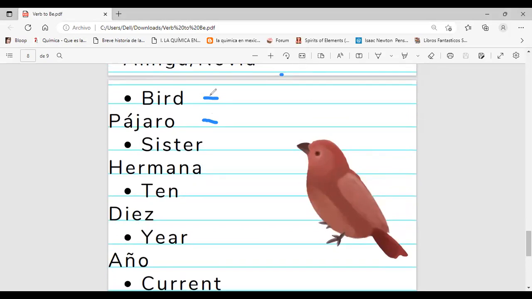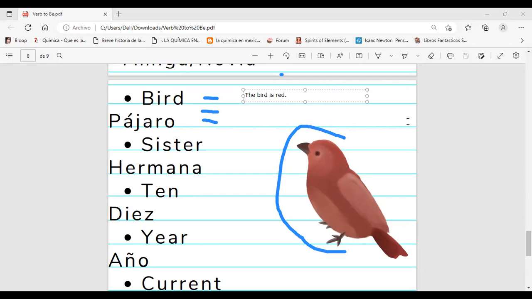Bird, word, meaning, pájaro, drawing, dibujo, and a sentence. The sentence could be, utilizamos el verb to be, the bird is red. And that's it. Eso sería todo de su vocabulary.